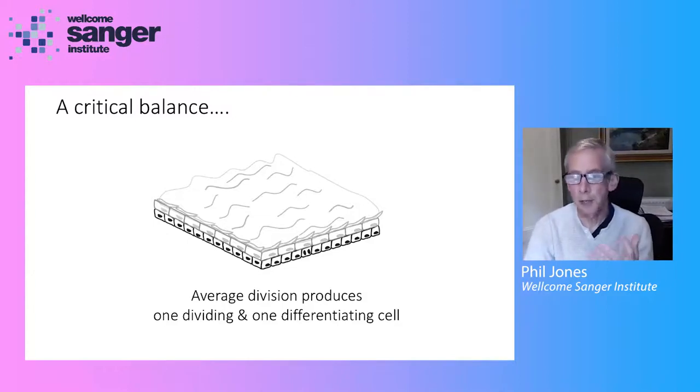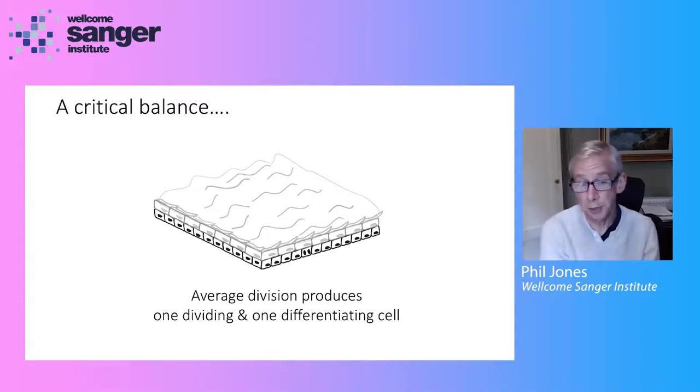If that balance goes wrong and you make too many dividing cells, you end up with a tumour. But if it goes slightly the other way and you systematically produce too few, you'll end up with tissue failure and an ulcer. So we wanted to understand how this beautiful balance was achieved in the mouse esophagus.